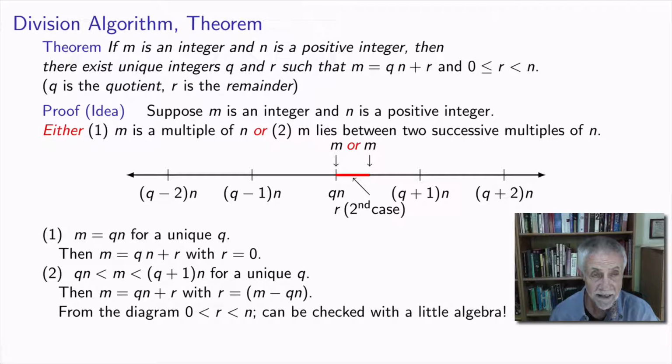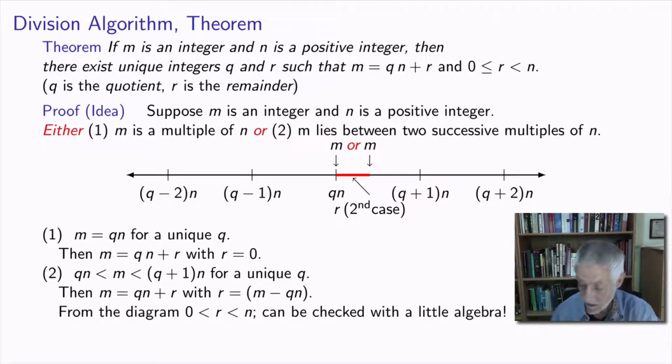So that's one case. And the second case is where m lies strictly between two multiples of n, which we've called qn and (q plus 1)n for some unique q.